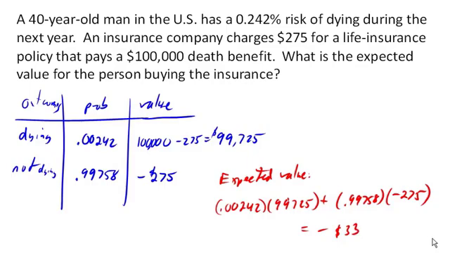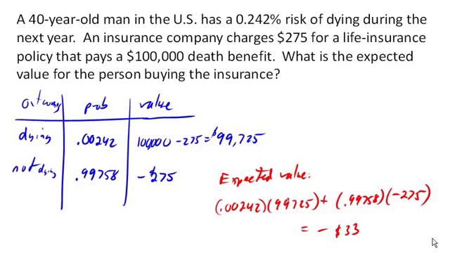Now, it's not surprising that this value is negative. That's the only way the insurance company can afford to offer policies. I mean, that $33 on average is what's paying for their expenses, and profits and everything else that goes into a business, for the agents and everything else.